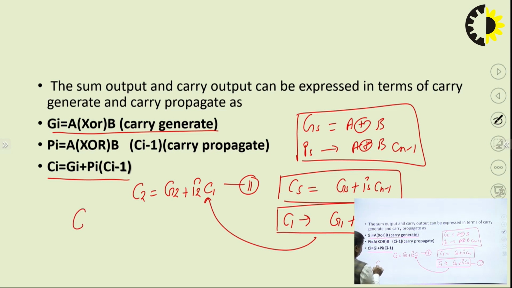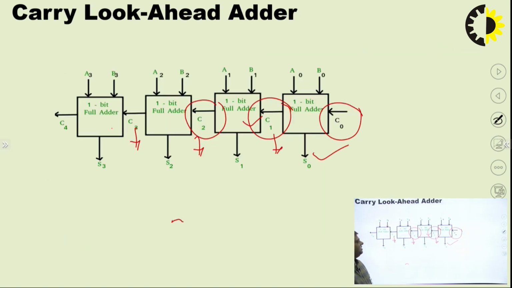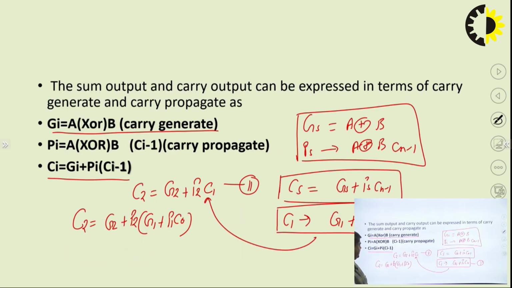Now we find the value of C2, that is G2 plus P2. What is the value of C1? G1, P1 and C0. Now we directly calculate the value of C2, and the value of C2 is implemented here, by which the carry propagation delay is removed in advance.